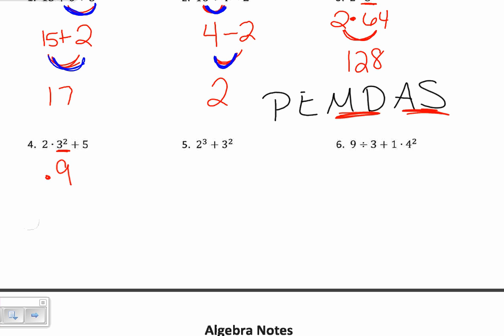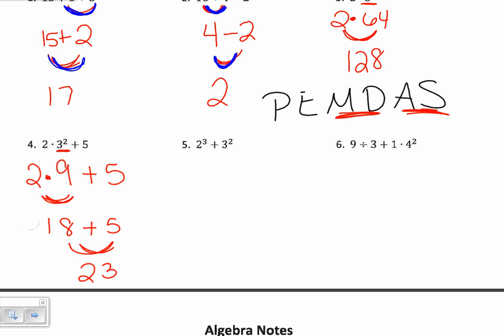And I'm going to write down everything I haven't done anything with yet. So I'm going to keep the 2 and the plus 5. Now that I'm done with exponents, I move on to multiplication and division. I'm going to do my multiplication here. 2 times 9 is 18. And I bring down the plus 5 because I haven't done anything with it yet. Now I move on to addition and subtraction, where I do my addition here. 18 plus 5 is 23.